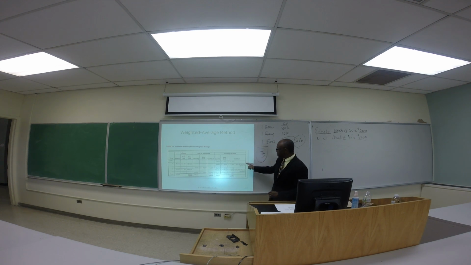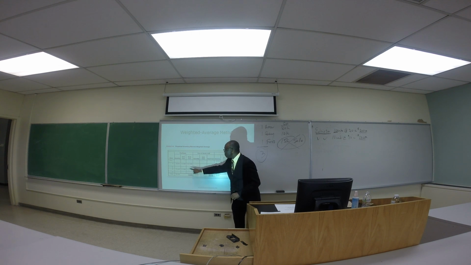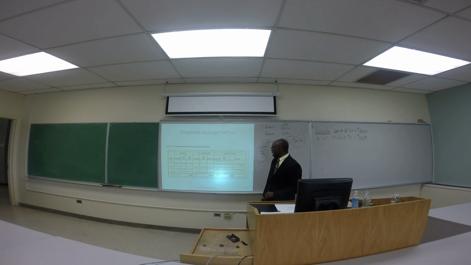Here is an example. We started with 2 units at $350 per unit. The total cost is $700. Then on August 5th, we bought an additional 4 units at $360 for a total of $1,440. At that point in time, we compute the average of what we had before and what we have now. We started with 2 units, we bought 4 more units, so we have 6 units altogether.